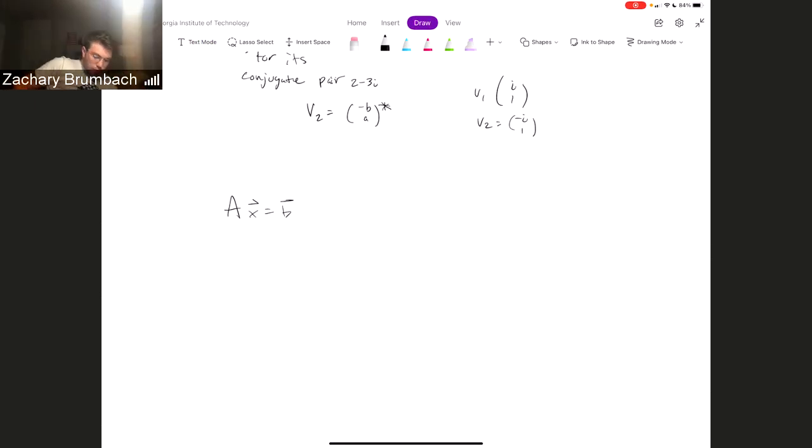When we're talking about determinants, having a non-zero determinant means it is one-to-one and onto, which is the same thing as saying it's invertible. If it's one-to-one and onto, when we take AX, there's a way to get back from our b. The way to get back is multiplying b by A inverse.